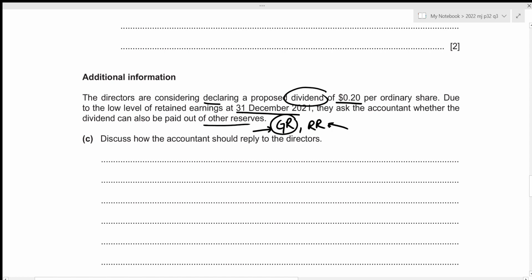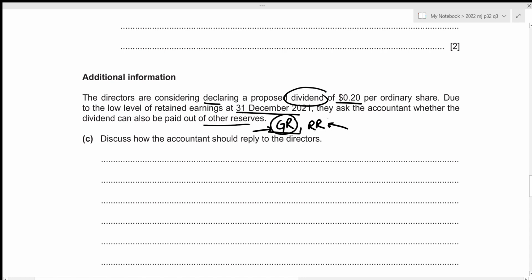And in case of retained earnings, remember that we add all of our profits, which means that general reserve will also have the amounts which are basically the profits that have been realized. And if it has the profits that have been realized, we can definitely use that particular reserve in order to pay out dividends.